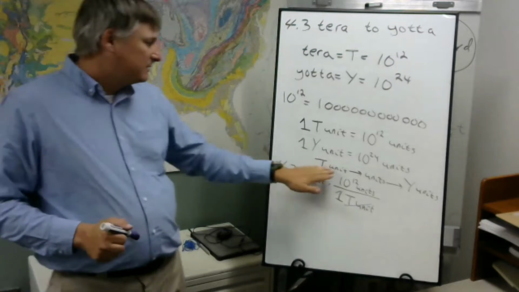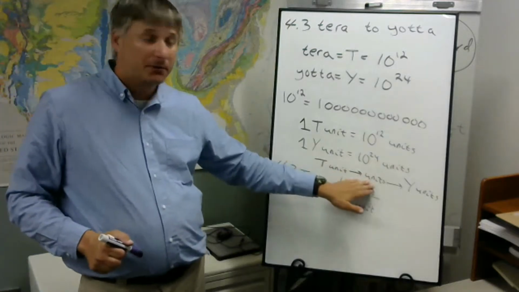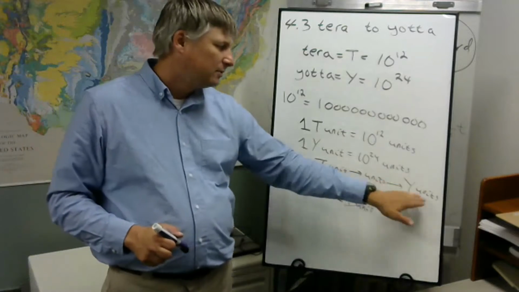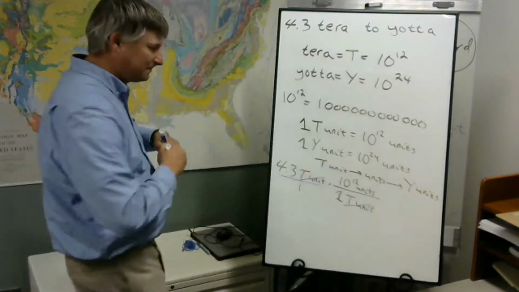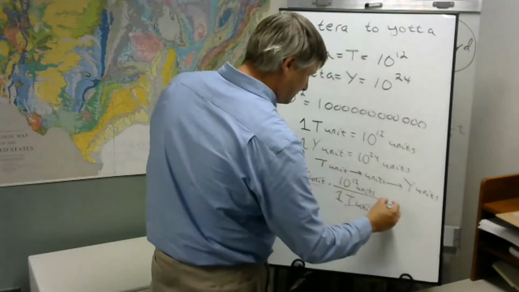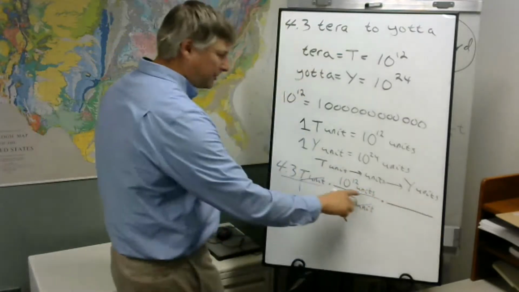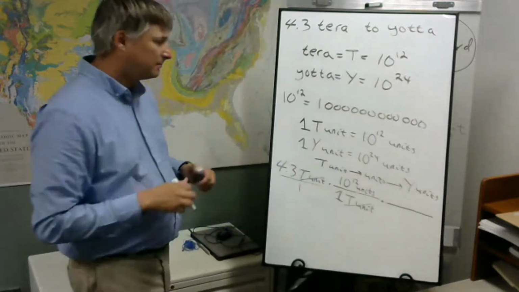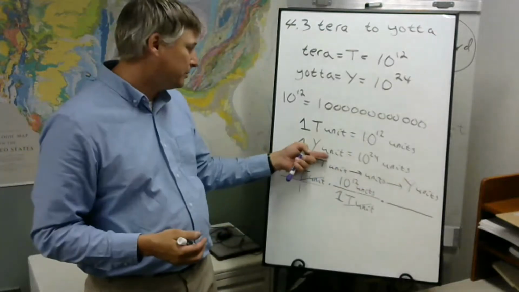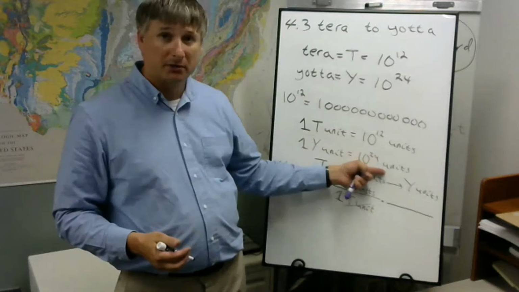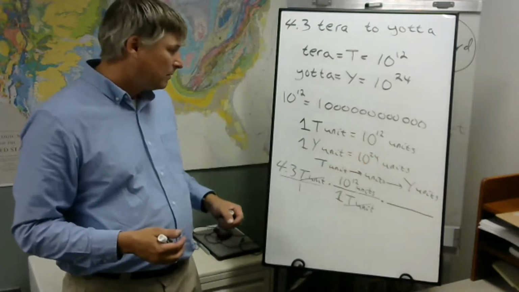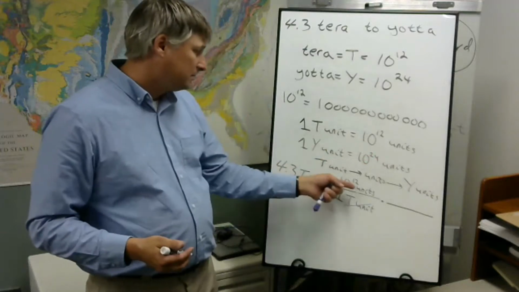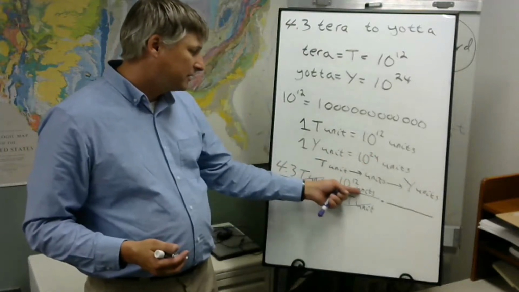And so we've done it. We've gone tera units to regular units. But now we want to go regular units to yota units. So now we want the regular units to cancel, yota units to remain. So we've got to look at the relationship between yota units and regular units. Well, we want regular units to cancel. So regular units are on top.